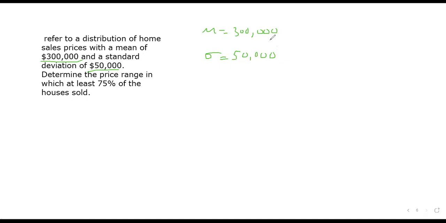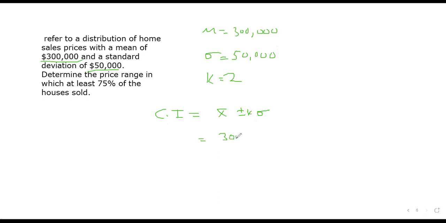What else are we given? Our k. What's our k? 75%. So 75% is translating into what k? 2, correct. Then what's the formula? Confidence interval is the mean plus or minus k and sigma.